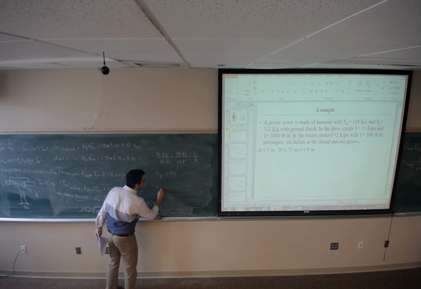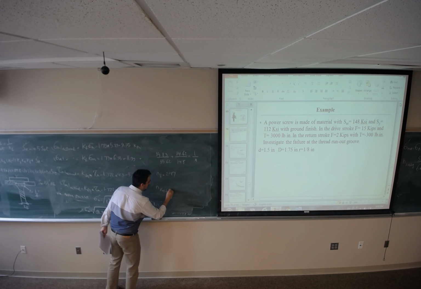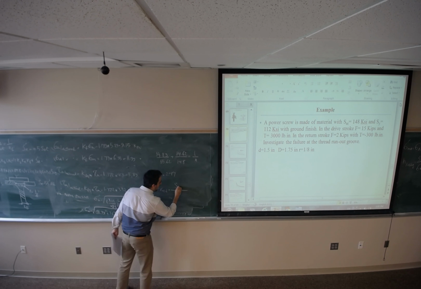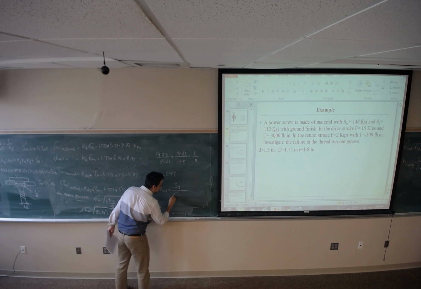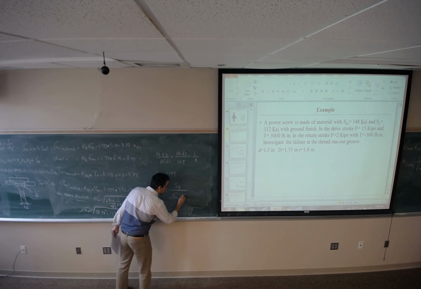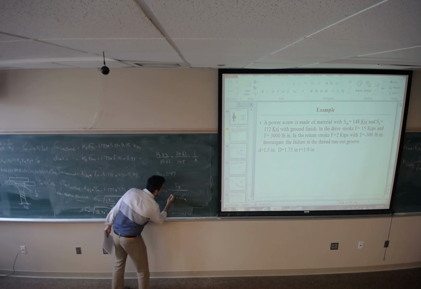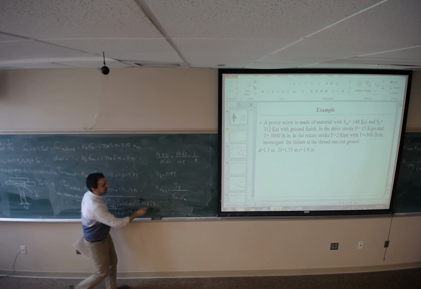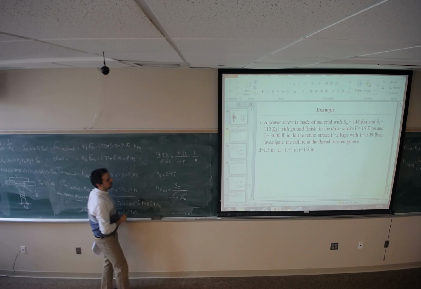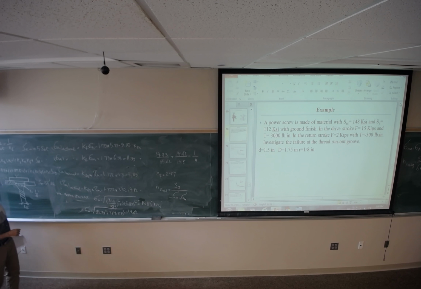Against yield, it's Sy divided by sigma prime A plus sigma prime M. This is how you can find the factor of safety against yielding.